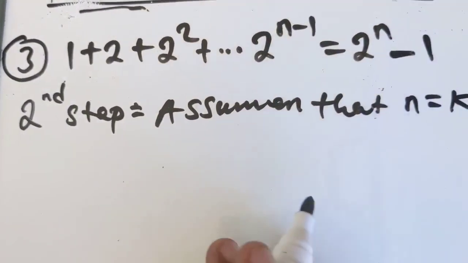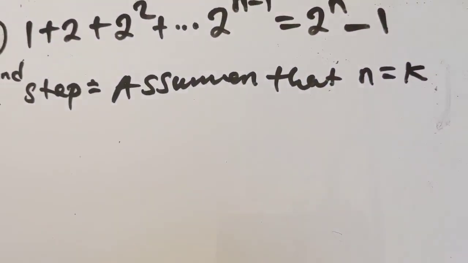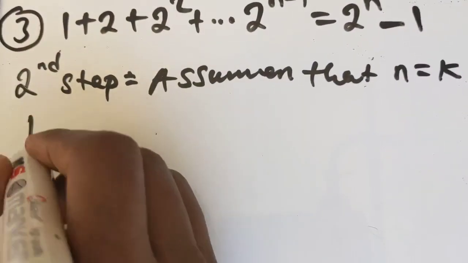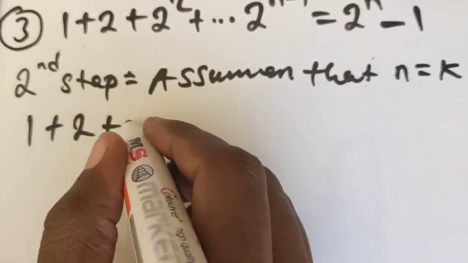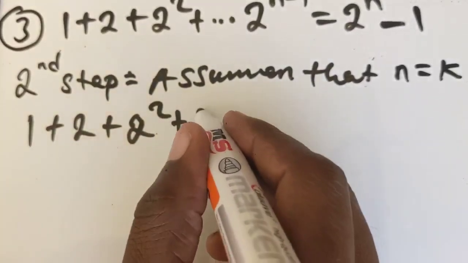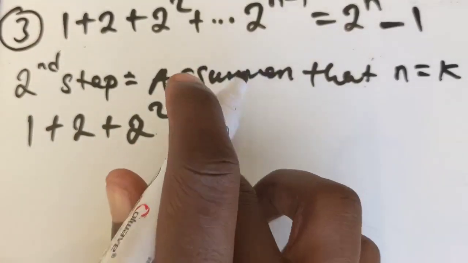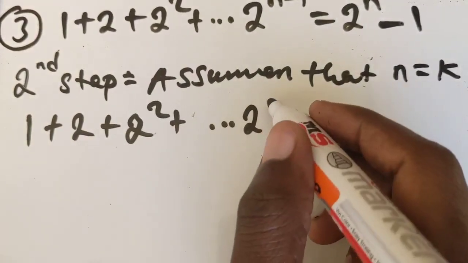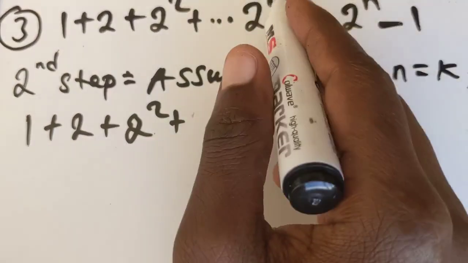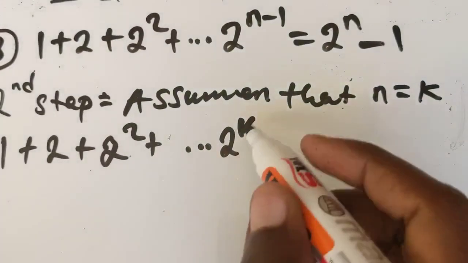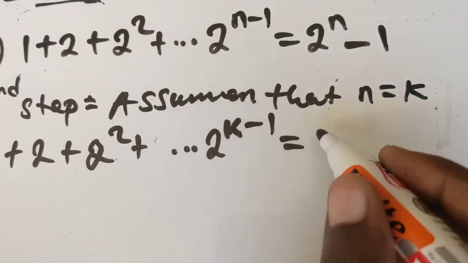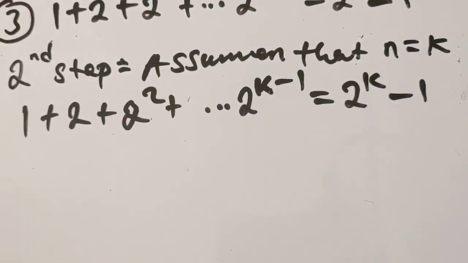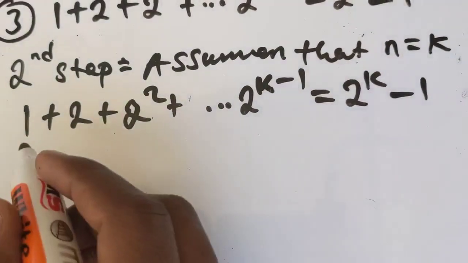So we copy this: 1 plus 2 plus 2 to the power 2 plus dot dot dot plus 2 to the power k minus 1 is equal to 2 to the power k minus 1, where there is n we put k. So that is the second step. I hope you are getting it.